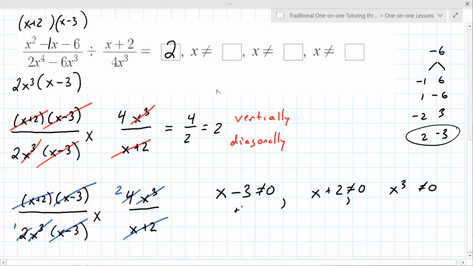For example, if you add 3 to both sides, you get x cannot equal 3. If you subtract 2 from both sides, you get x cannot equal negative 2. And the last one, there's actually nothing to do. You just take a cube root of both sides, but x cannot equal 0. So whenever you cancel out, that's what leads to these boxes where it's not equal to.